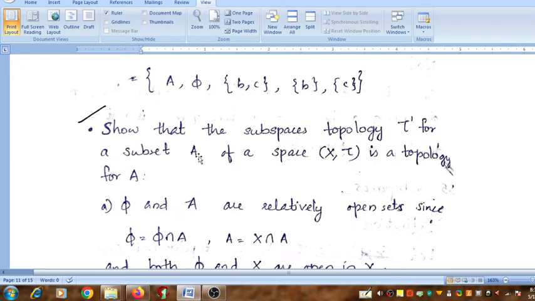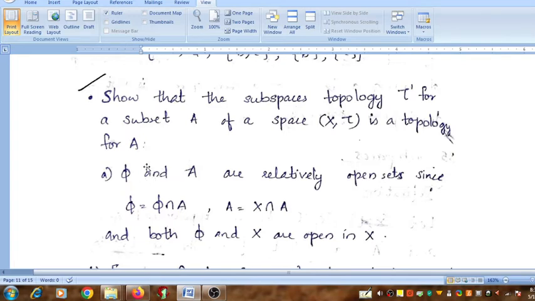So it can then make a topological space. Only after verifying this fact can we say that A is a topological space. Until then, we will call A a subset. But we can verify how tau prime acts as a topology for A.